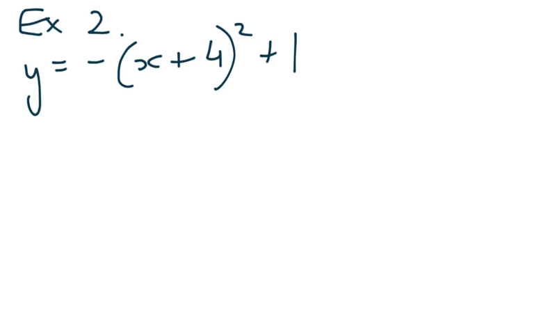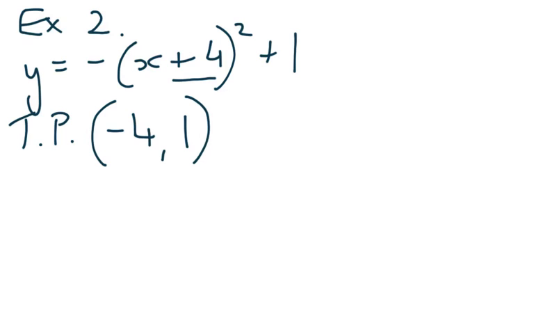Okay, so we have our second example here, y equals -(x plus 4) all squared plus 1. We get our turning point by just simply looking at the opposite of the bracket. So the opposite of +4 is -4, and whatever's added on the end, which is +1. So our turning point is (-4, 1).